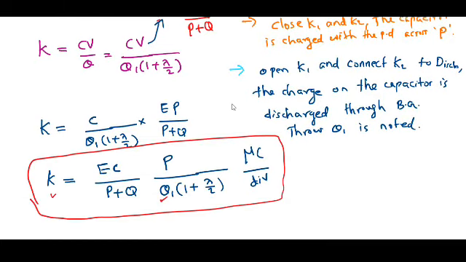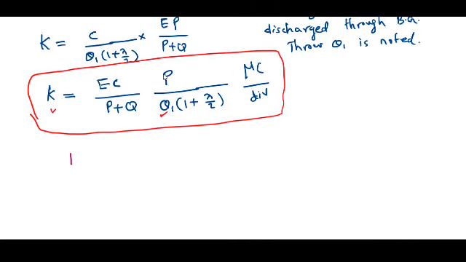For a particular value of the resistors, we have the two resistors P and Q, and this is P plus Q. For different values of P and Q, you will get different values of deflection.